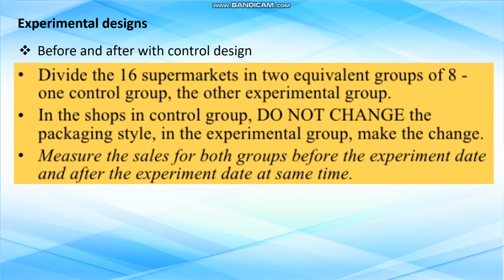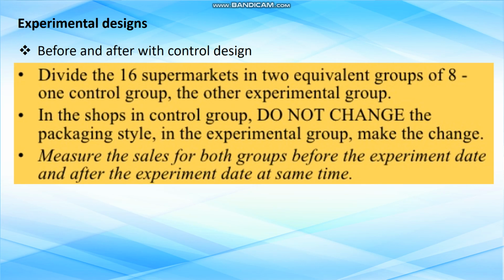We divide the 16 supermarkets into equivalent groups of 8. One group of 8 supermarkets is the control group, and the other 8 supermarkets are the experimental group.